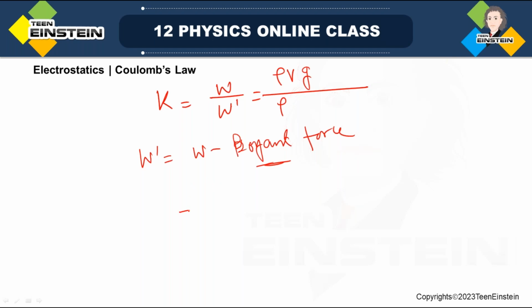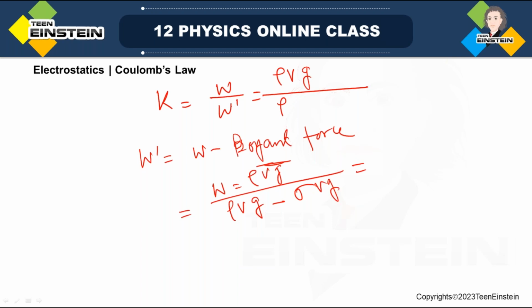Okay, so how do you get bind force? So we will get actually this rho Vg, W rho Vg, and this is actually rho Vg minus this will be sigma Vg.